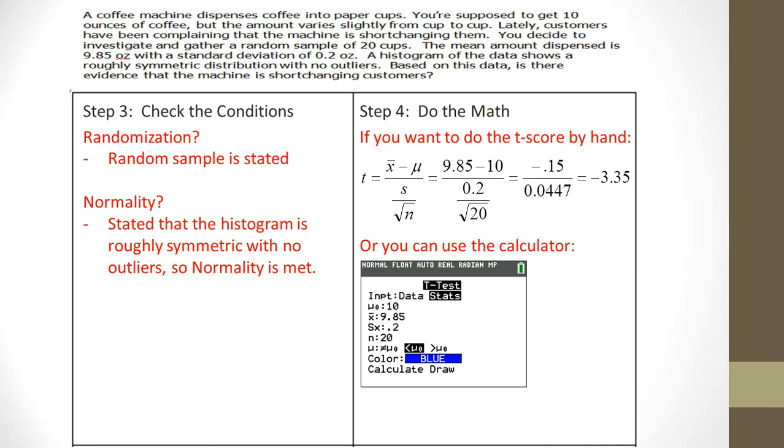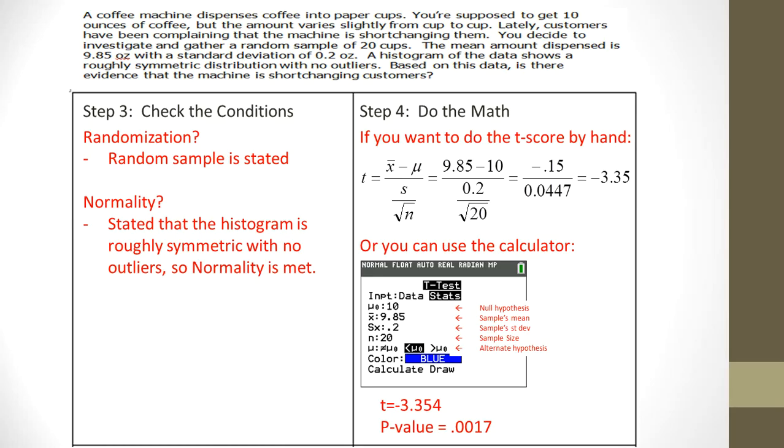That's your null hypothesis of 10, your sample's mean of 9.85, your sample standard deviation, 0.2, your sample size of 20, and you're interested in less than. That's your alternate hypothesis. When you go down to calculate, it gives you a t equal to negative 3.354 and a p-value of 0.0017.